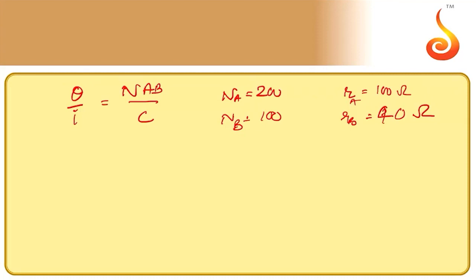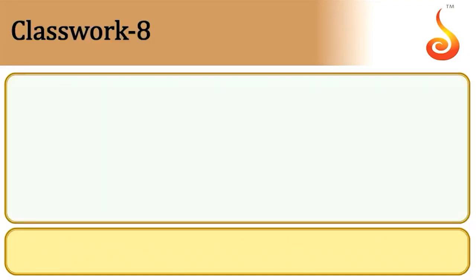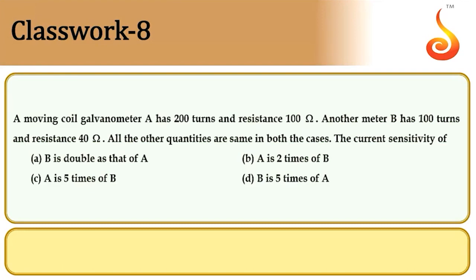Right? So, if I substitute these details, I'll get theta by I for A is equal to 2 times theta by I for B. So, the current sensitivity of A is 2 times the current sensitivity of B. B is our correct choice.